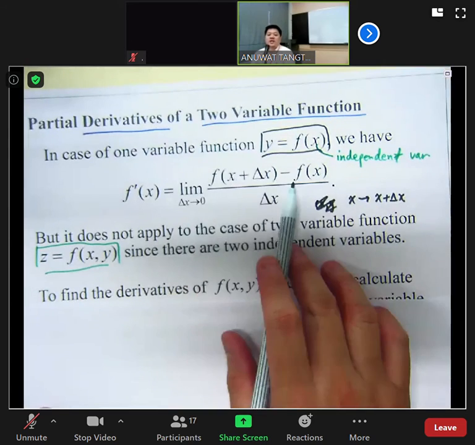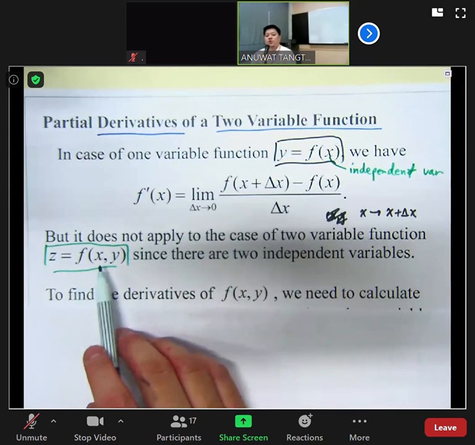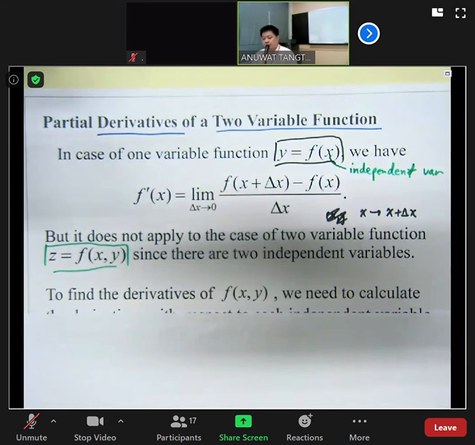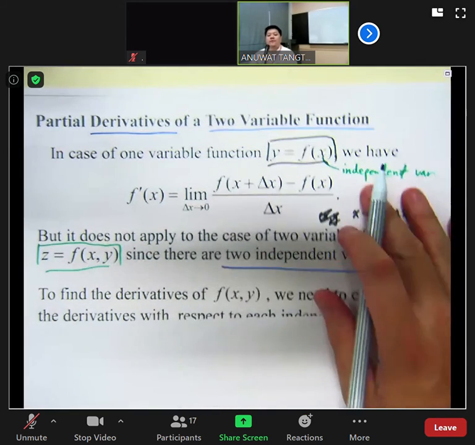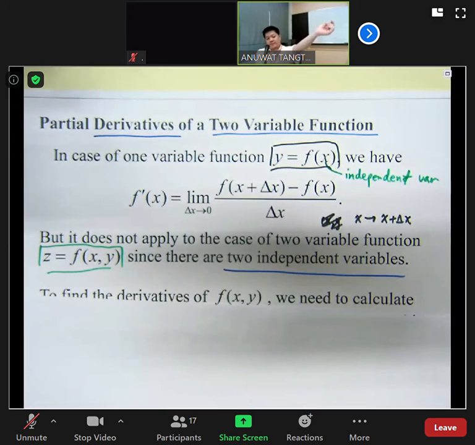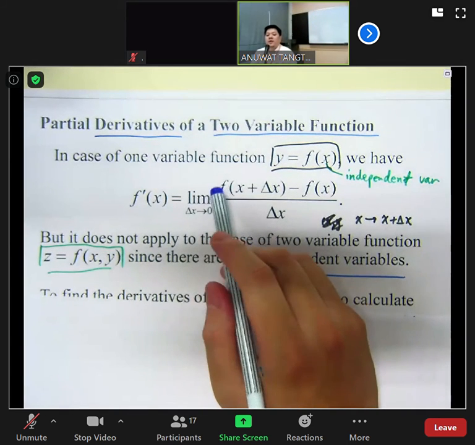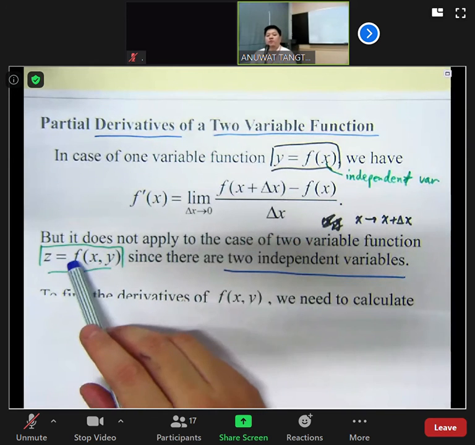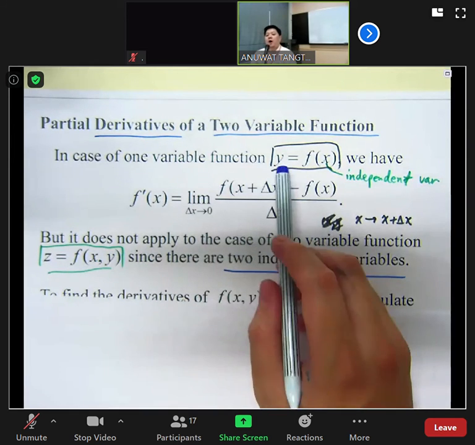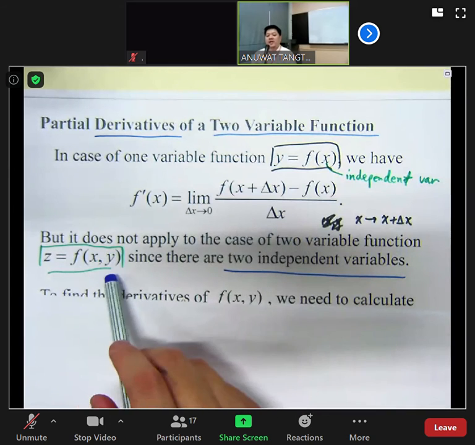But now, if we have the case of a function of two independent variables, this definition does not work because we have two independent variables. If you want to find the derivative, you need to specify which variable you want the rate of change with respect to.